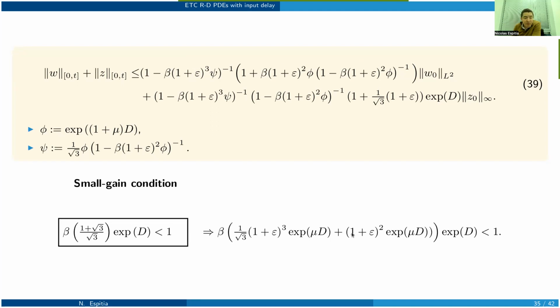Provided that the small gain condition holds. And this is indeed true because we started with this condition in the theorem, which implies this condition with mu and epsilon small enough that do exist because of continuity arguments.